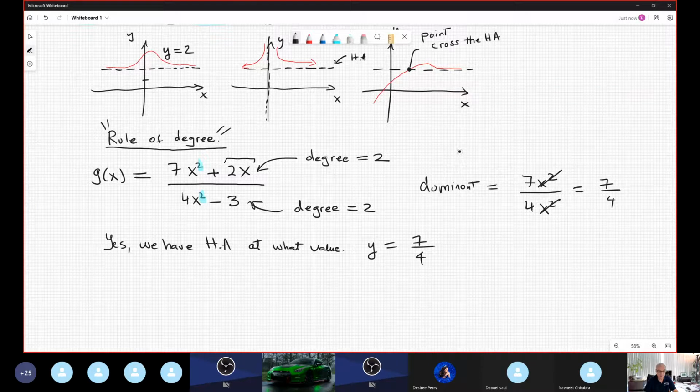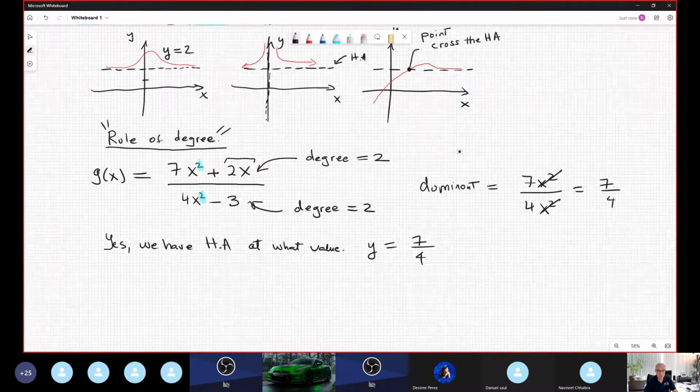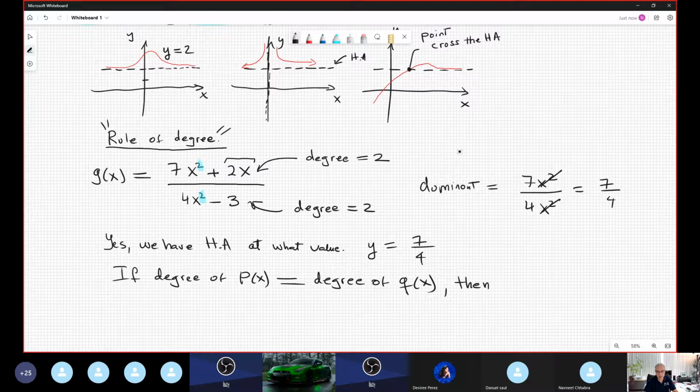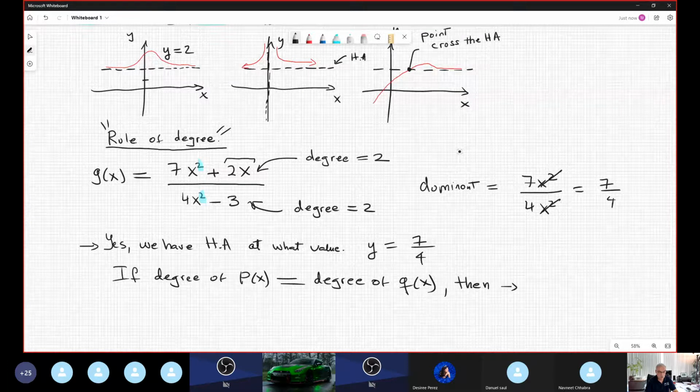But very important, don't confuse it. You have the same degree. So if the degree of p, where p is the polynomial in the numerator, is equal to the degree of q, where q is the polynomial in the denominator, then the conclusion is yes, we have a horizontal asymptote.